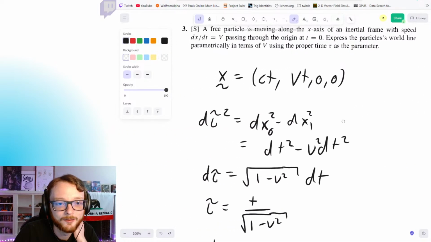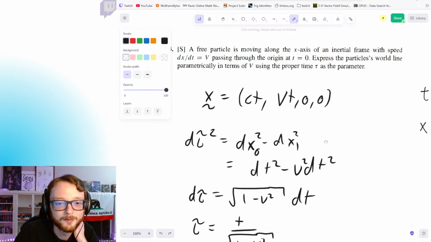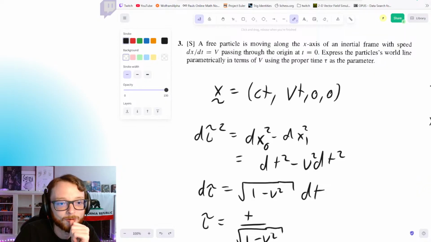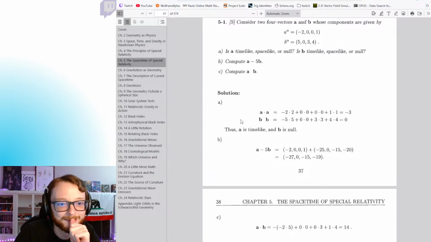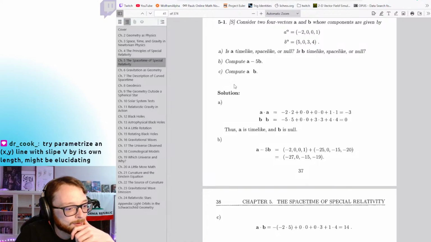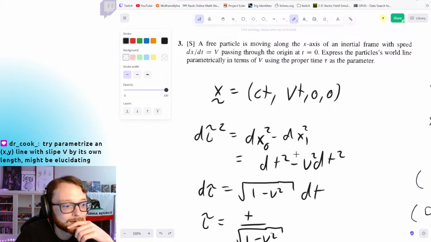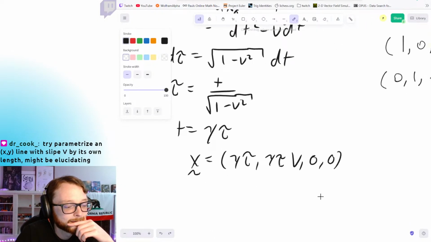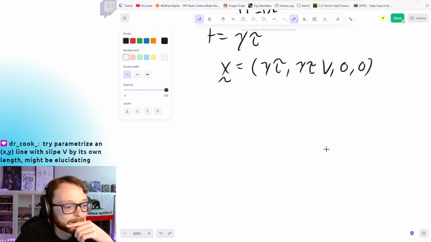Okay. I'm going to check the answer on this one too. Try parameterizing an xy line with slope v by its own length. Might be elucidating. Ooh.